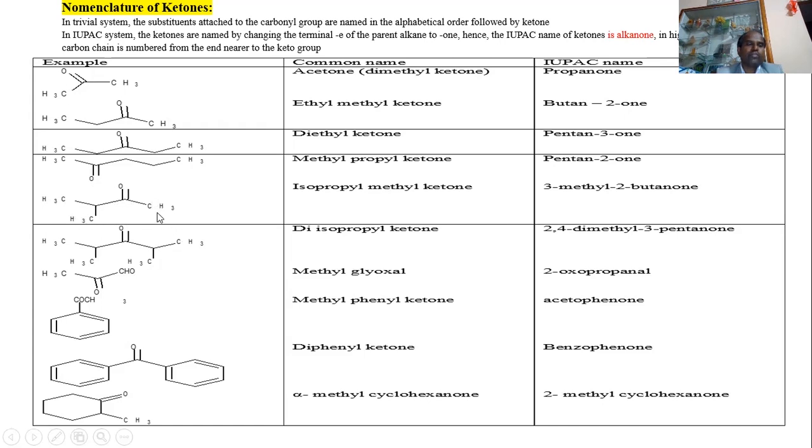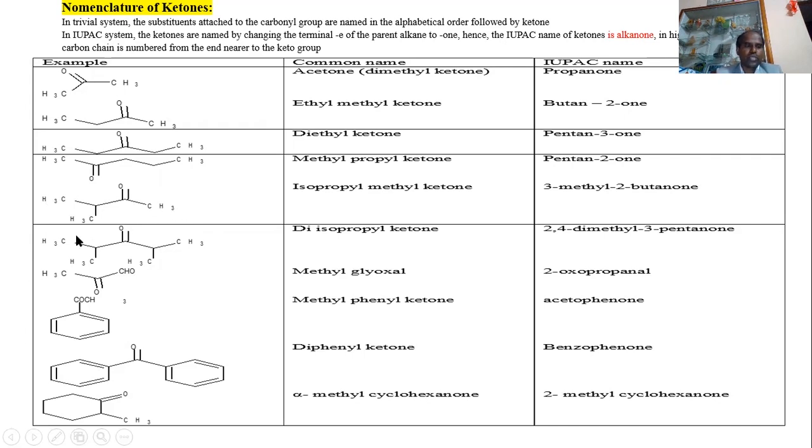And we have to do the numbering from this carbon because this ketonic functional group attains the least number. So the IUPAC name of this molecule is 3-methylbutan-2-one.